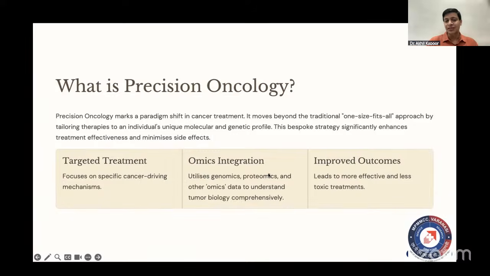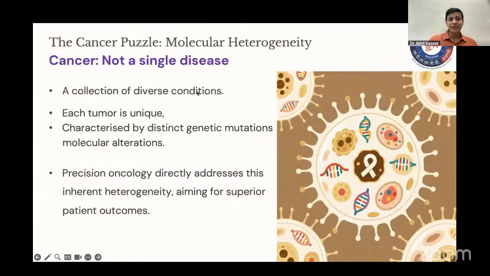So what is omics? Omics means genomics. We are constantly utilizing genomics, be it germline testing or somatic testing. Now we are integrating proteomics as well, and other omics data into our routine practice. When all these are integrated, we get a better understanding of the disease, how it is progressing, and what we can do better for the patient's management.